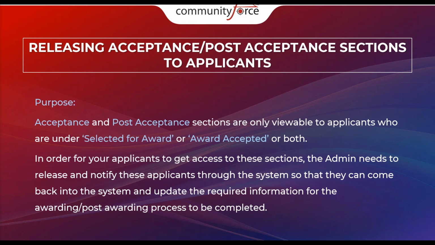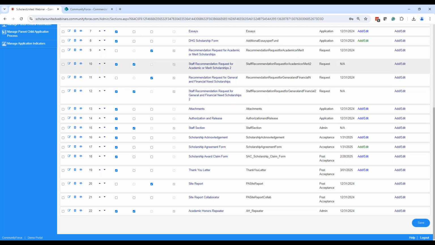Or maybe a post-accepted section: maybe I am gathering quarterly reports. I don't want them having that quarterly report until a month before it's due. Then I want to be able to tell them, go into the system, complete your report, and go forward from there. So how can I control that? Because all of these appear on your dashboard as soon as you're at the status.